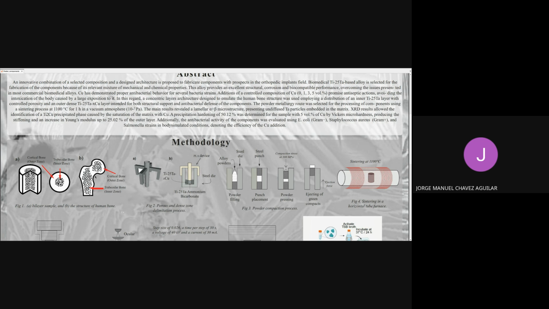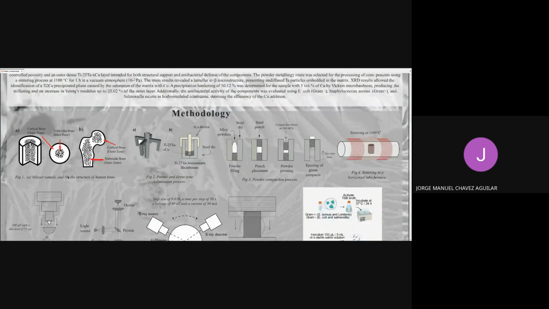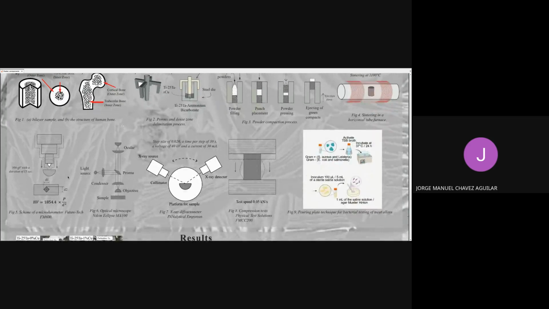After obtaining the consolidated components, characterization was performed using microhardness tests, microstructural analysis, and structural analysis also with X-ray diffraction, and the mechanical properties of the components were evaluated using compression tests, uniaxial compression test.